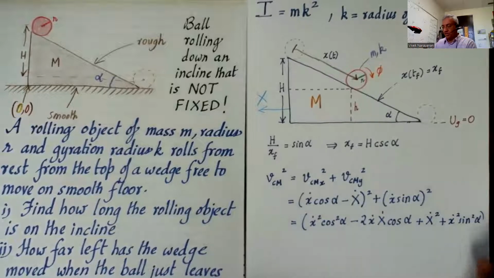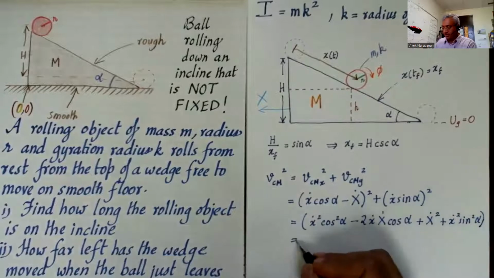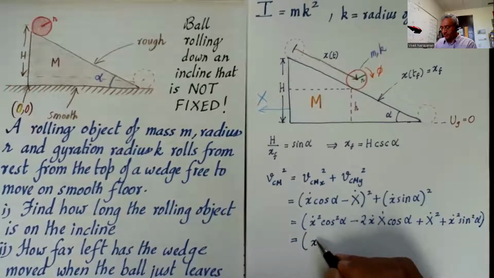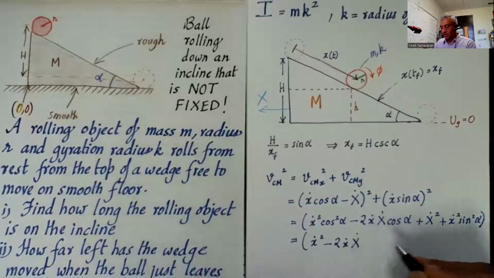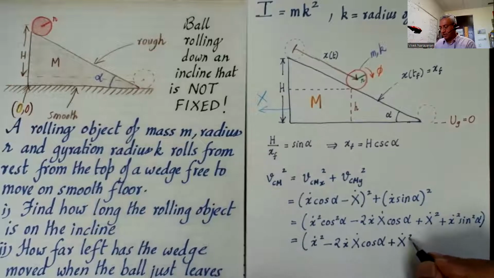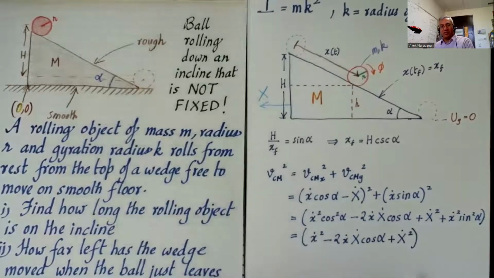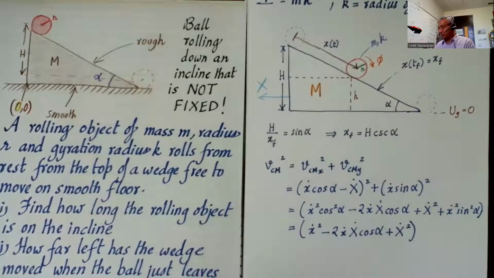Now sine squared plus cosine squared is equal to 1. So we can just use that. So I get x dot squared minus 2 x dot capital X dot cosine alpha plus capital X dot squared. And this is the exact result you would have got by using the triangle rule, also known as the cosine rule.